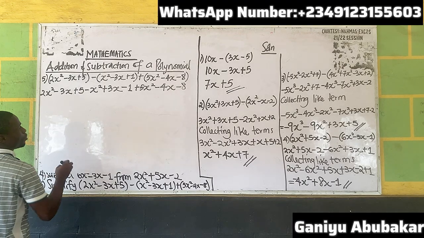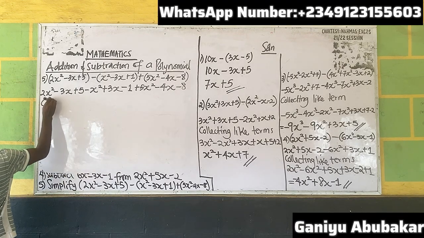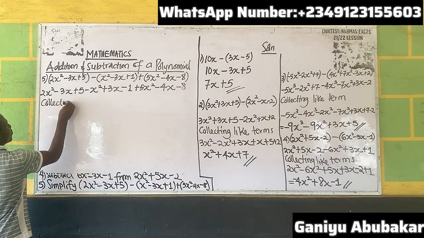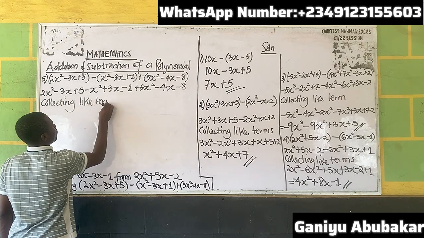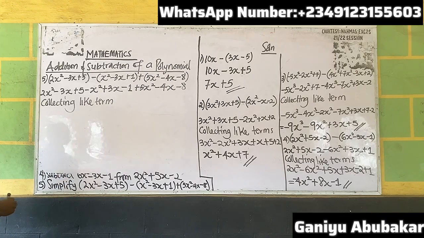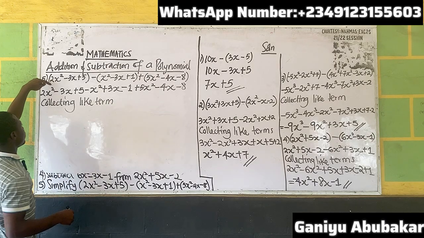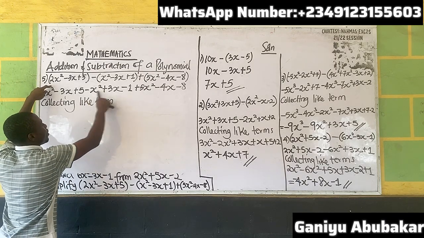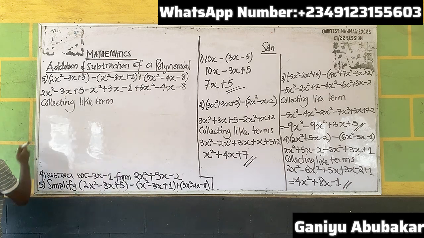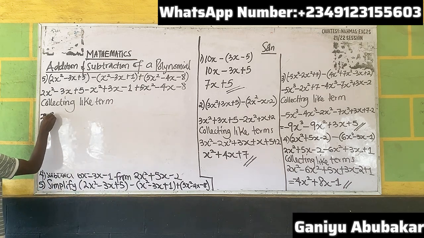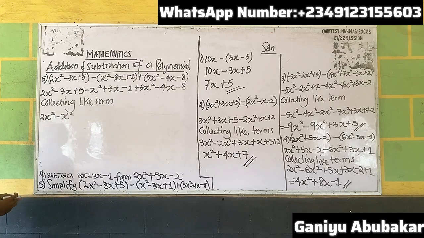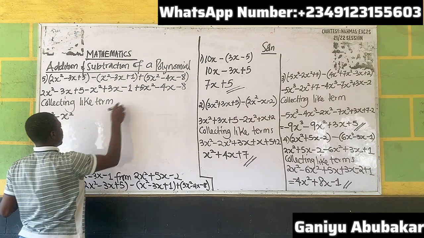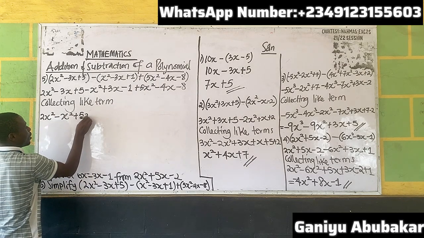So the next task here is to collect like terms. The highest power here is x squared, so I'm taking this and this together: 2x squared minus x squared, then plus 5x squared.